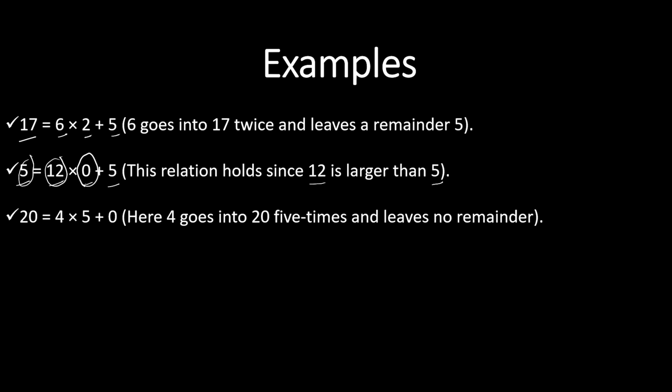So this relation holds since 12 is larger than 5. In the third example, we observe that 20 equals 4 into 5 plus 0. Now what is different here? The remainder is 0. Here 4 goes into 20 5 times and leaves no remainder.